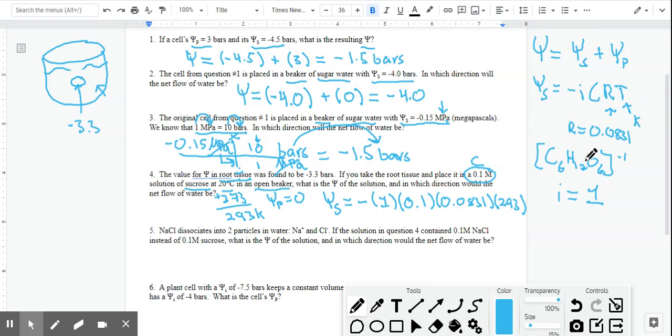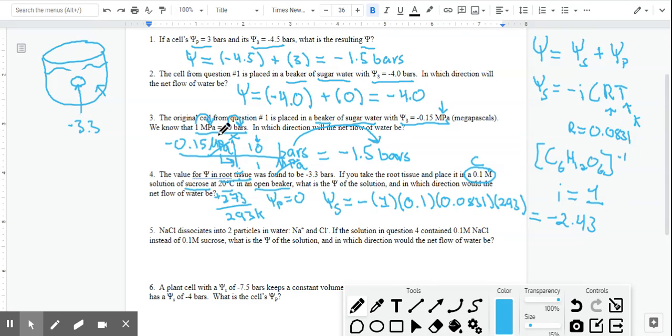Now, if we plug all this into a calculator, be careful of the negative that's in the beginning. You must factor that in. So negative 1 times 0.1 times 0.0831 times 293, we should get our solute potential in this case, which is going to be negative 2.43.